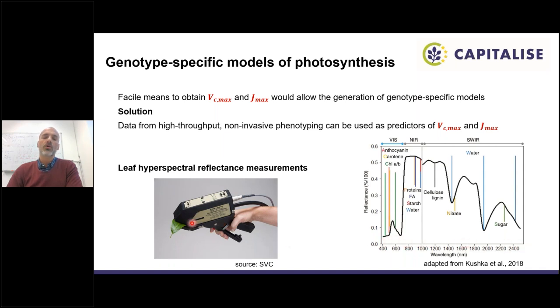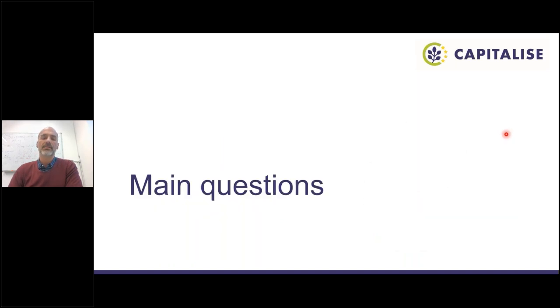So the idea is then to use precisely the values which we have of the percentage reflectance as predictors over the different wavelengths with the different response variables which we are interested to model, one of which are Vc max and J max.